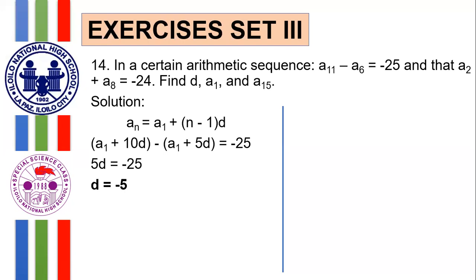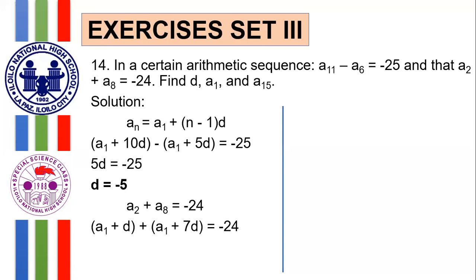Now, let's utilize the second given, that the second term added to the eighth term is -24. Using the explicit form again, we know that a sub 2 plus a sub 8 is -24. A sub 2, or the second term, is a sub 1 plus d.